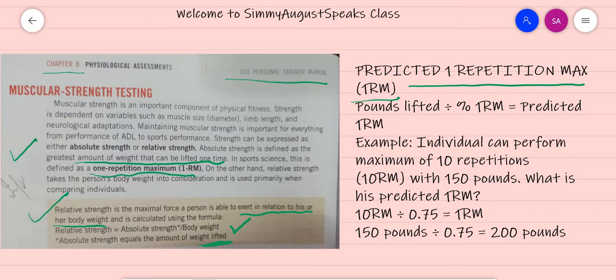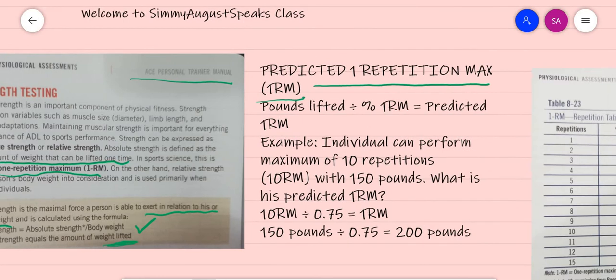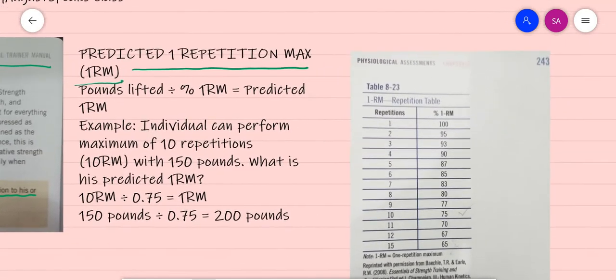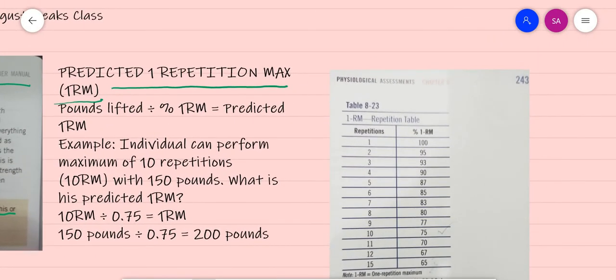So, coming back to 1 repetition maximum, the formula is: pounds lifted divided by percentage of 1 RM is equal to predicted 1 RM. Now, how to find out the percentage of 1 RM? For this, in chapter 8, you have this 1 RM table, a repetition table.